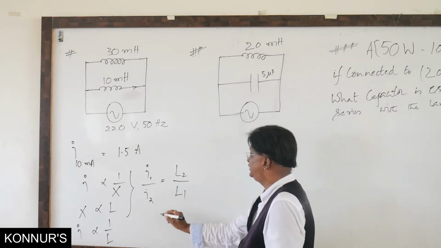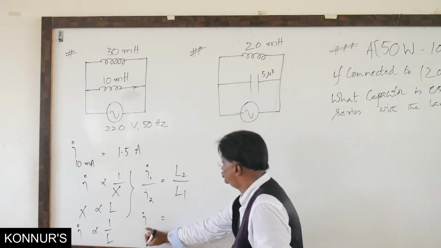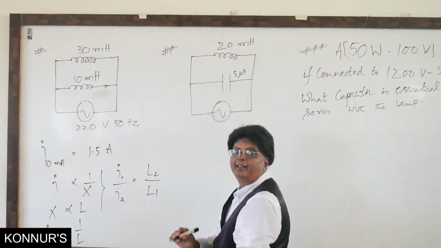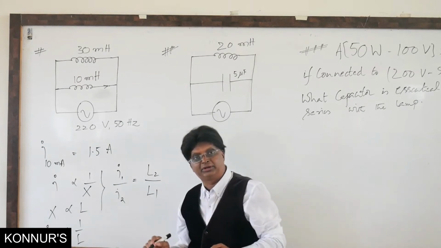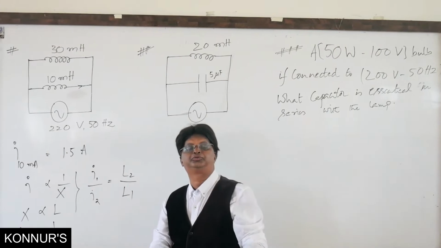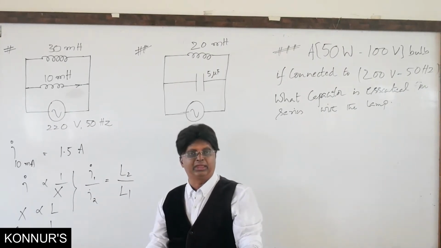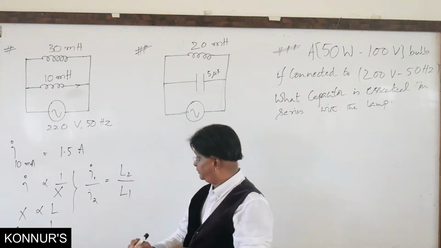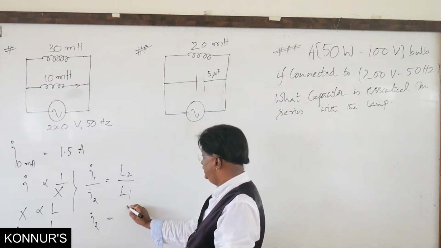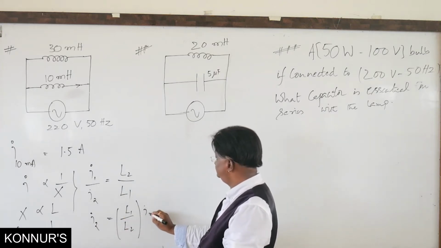Here 2 means the 30 millihenry inductor. In this type of representation, 1 is for the initial, given values, and 2 for unknown or required values. We will continue the same way every time. Do remember. Therefore the required current I2 is L1 upon L2 times I1.